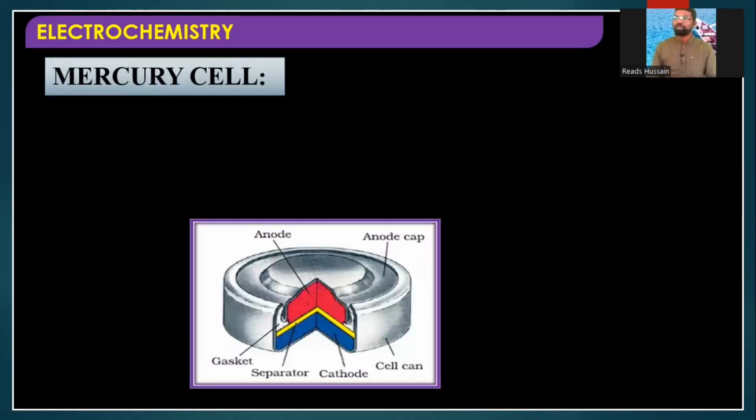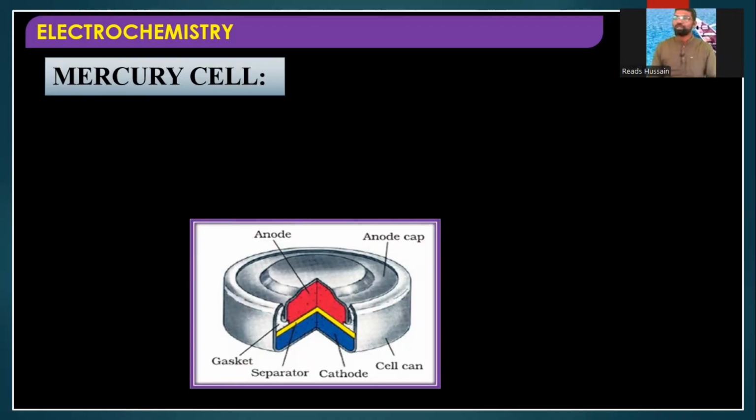This mercury cell is a little expensive, costly, but durable. Its lifespan is very high. Have you seen this mercury cell, the mercury battery? It's a small button type, like our shirt buttons. I will give you one small example: hand watches.